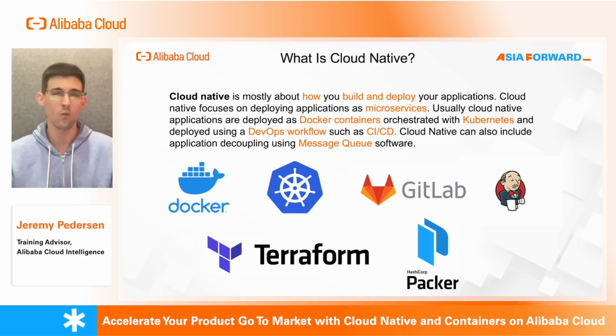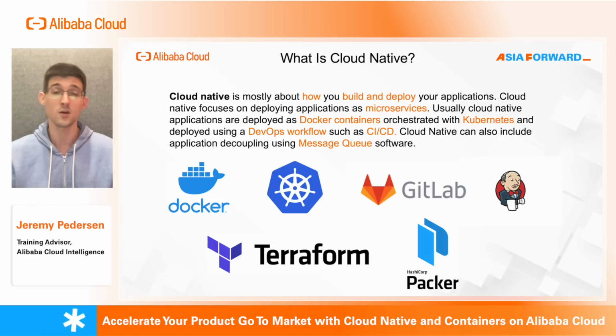It's not really about what the application is. It doesn't matter what language you use. It doesn't matter what automation tools you use. Cloud Native is about your build process, not your tooling. Now, with that said, there are many very common, particularly open source tools that people use to realize a cloud native way of working: Jenkins, GitLab, Terraform, Packer from HashiCorp, same company that makes Terraform, Kubernetes, Docker.